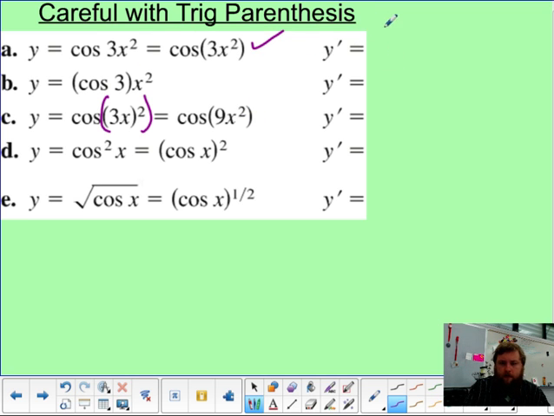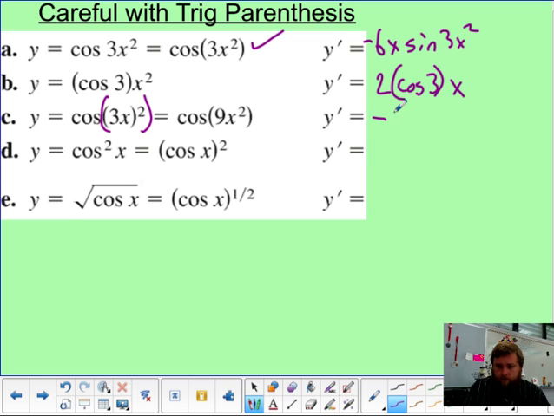So this first one, the derivative of that would be negative 6x sine of 3x squared. And the derivative of this one would be 2 times cosine of 3 times x squared, times x. It's the cosine of 3 times x. The derivative of this one is going to be negative 18x sine of 9x squared.